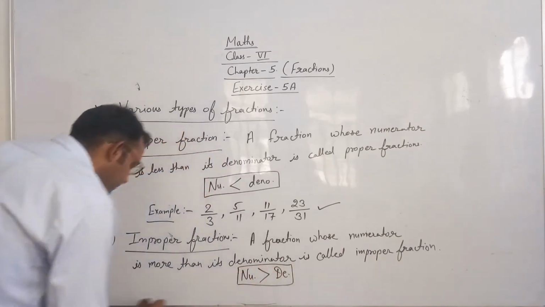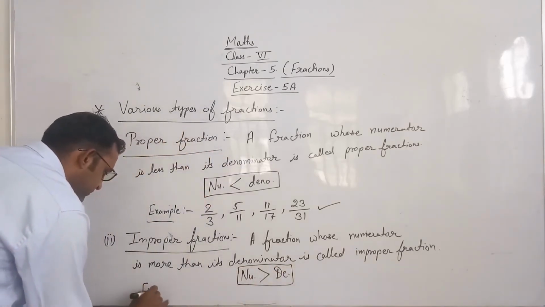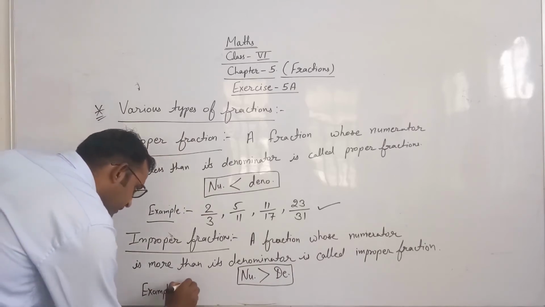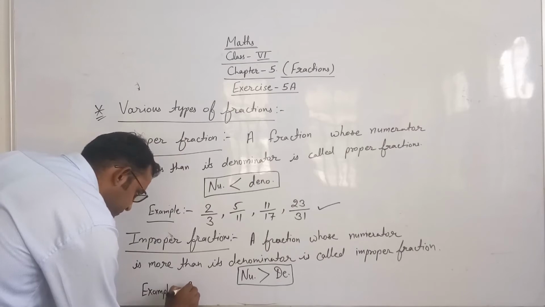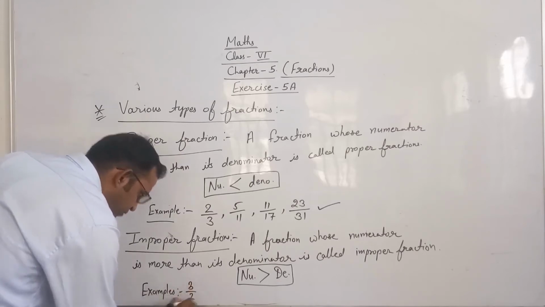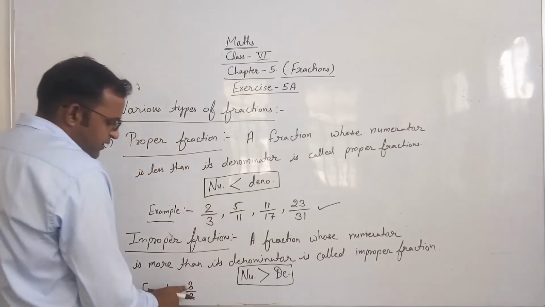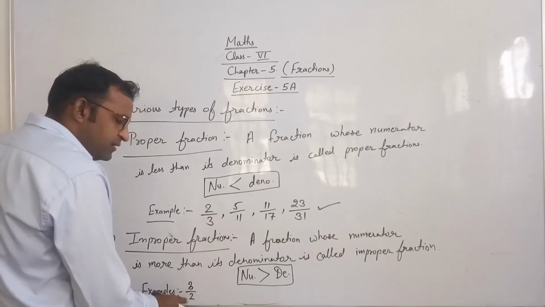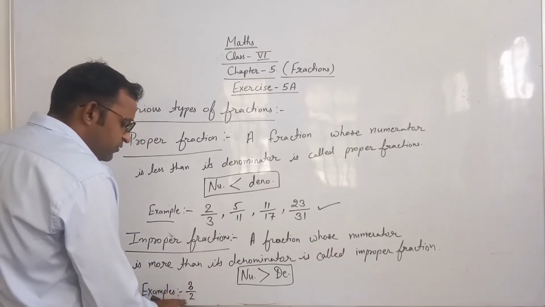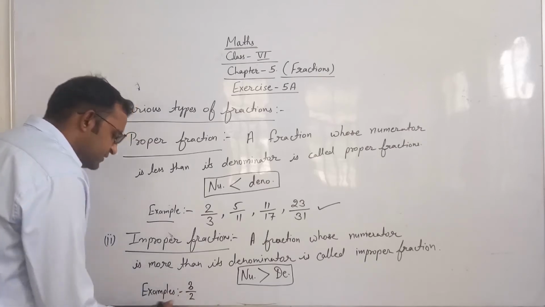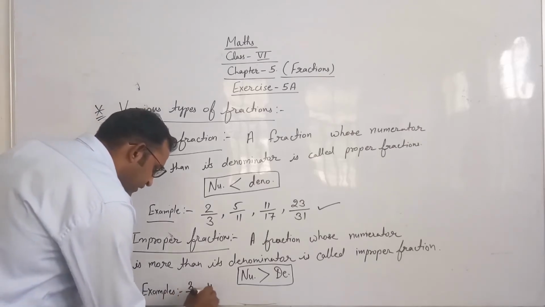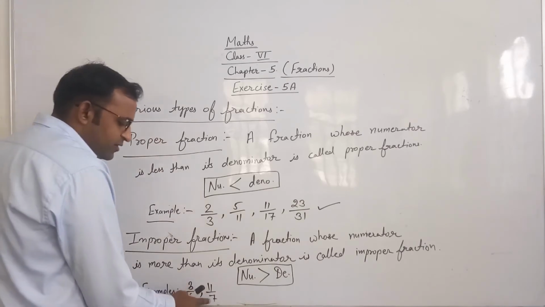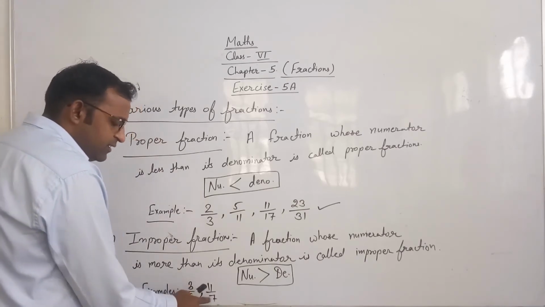Okay. For example, 3/2. So numerator is 3 and denominator is 2. So 3 is more than 2. So 3/2 is an improper fraction. Next, 11/7. Numerator is 11 and denominator is 7. So 11 is more than 7.